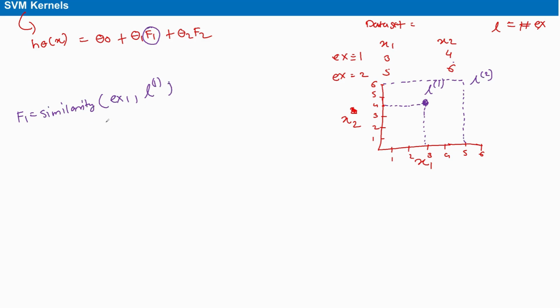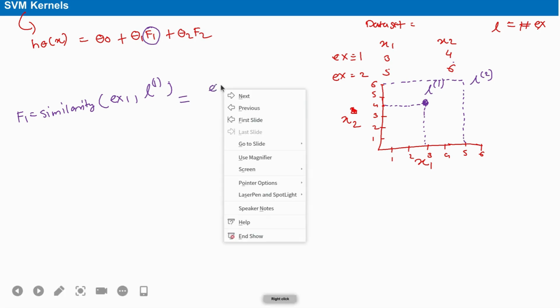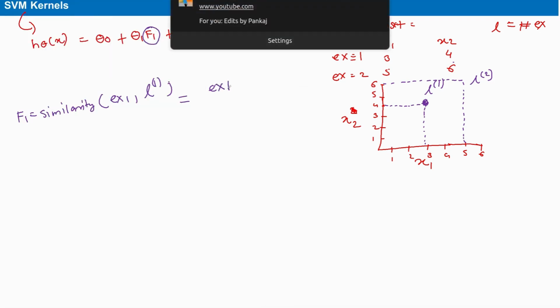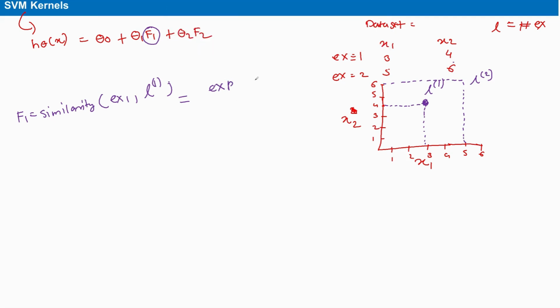If we solve this, we will get f1. It gets solved by the exponent of minus the Euclidean distance between example 1 and your landmark, divided by 2 sigma square.